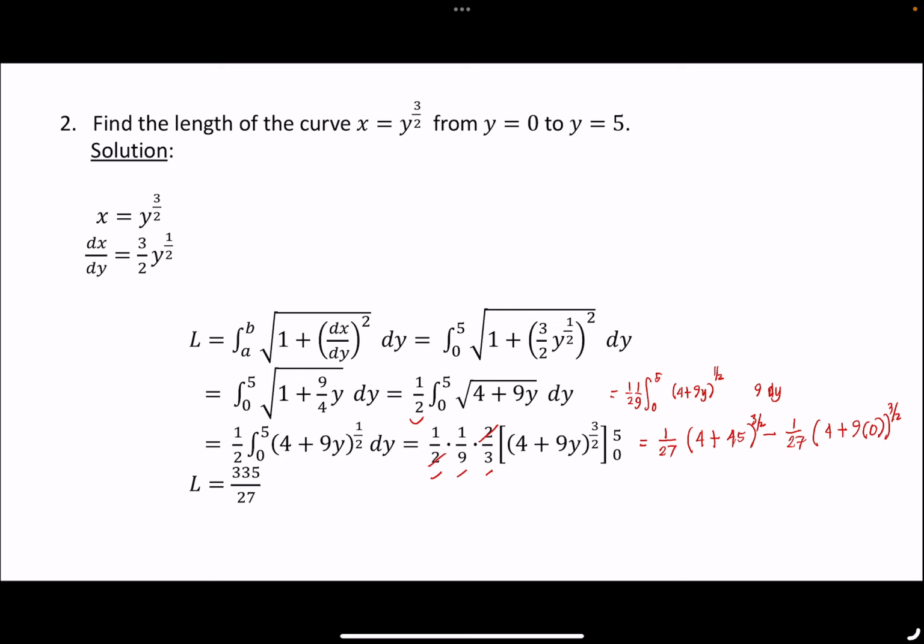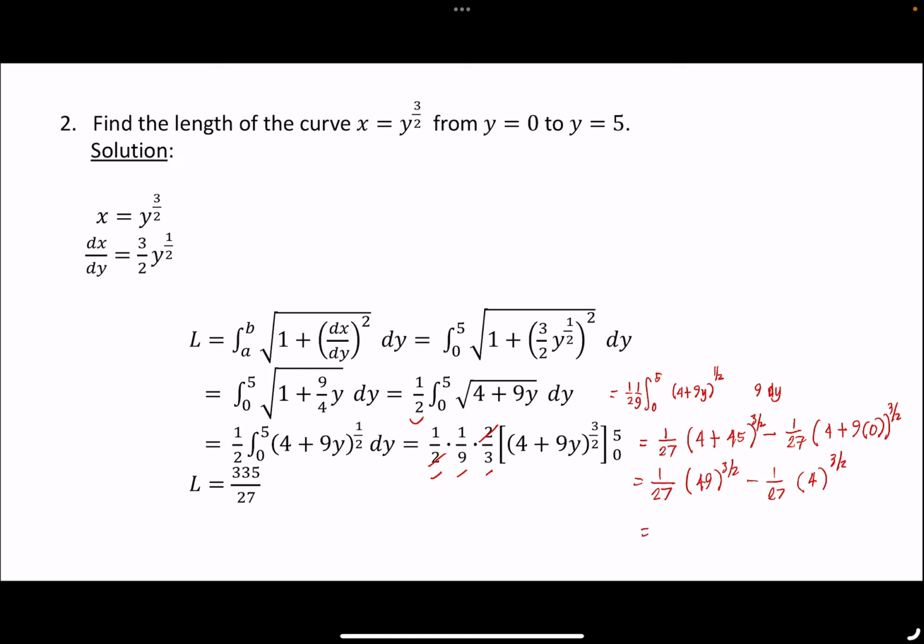So this would be giving us 1 over 27, 49 raised to 3 over 2 minus 1 over 27, 4 raised to 3 over 2.